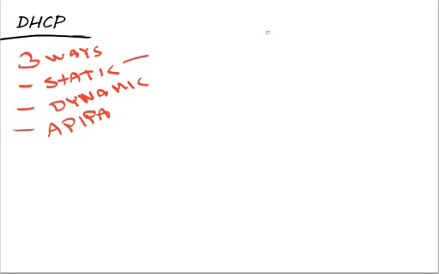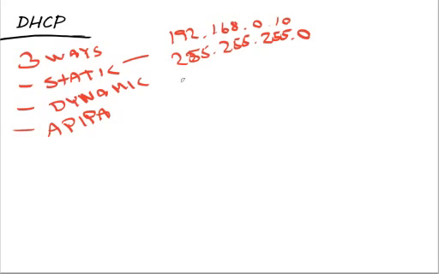So the static address is where you go around to every single computer you have and manually type in an IP address. It could be 192.168.0.10, and then you would have to type in a subnet mask, 255.255.255.0, and then a default gateway.